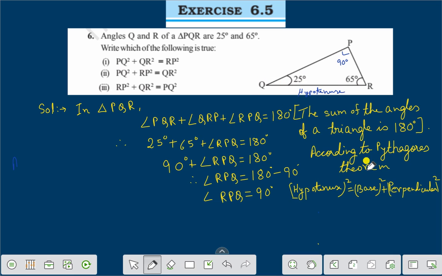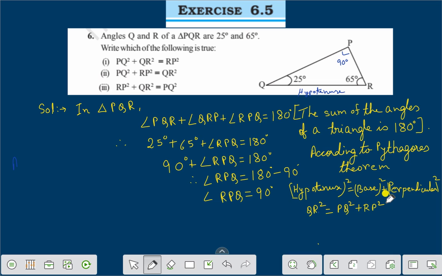If we say base is PQ, then it is PQ square plus perpendicular square, that is RP square.